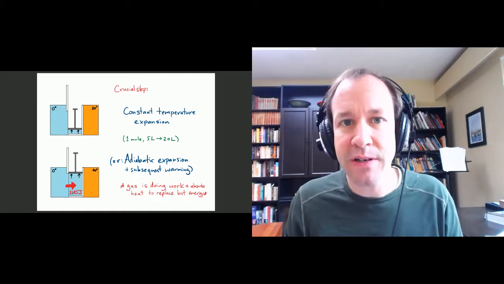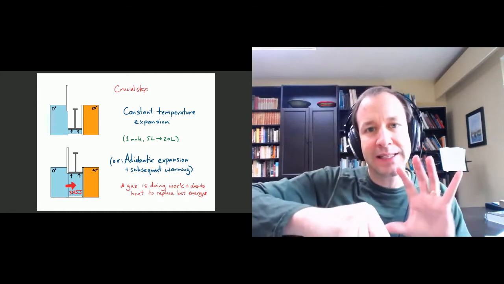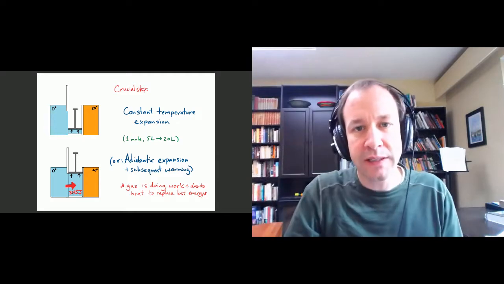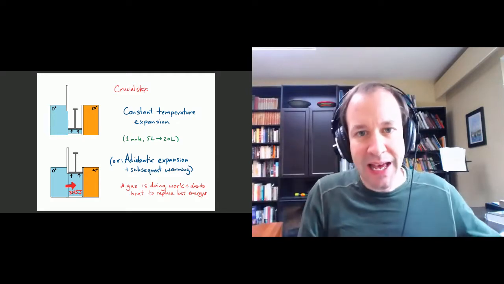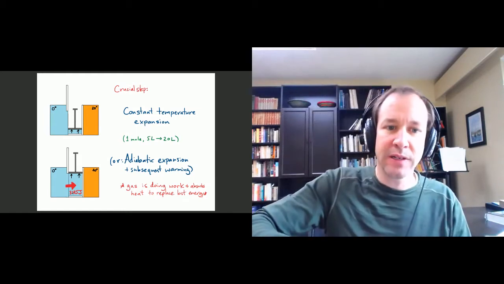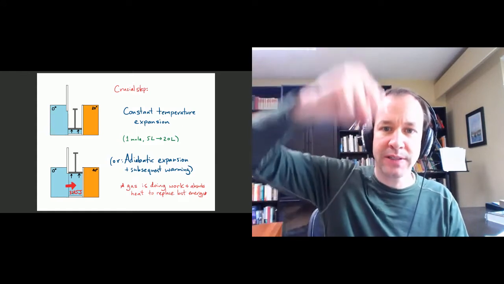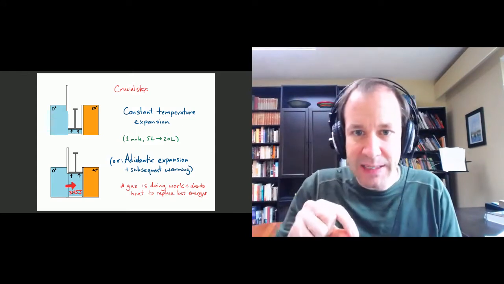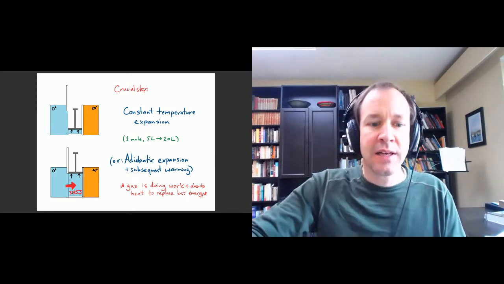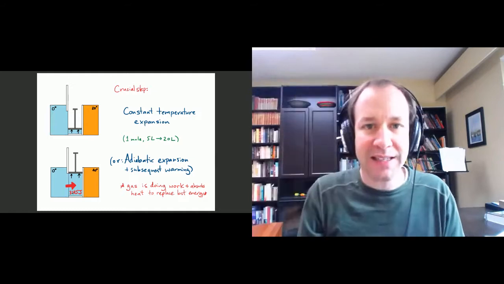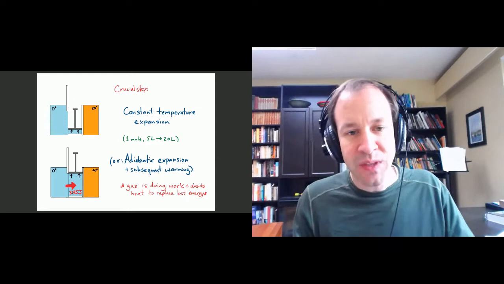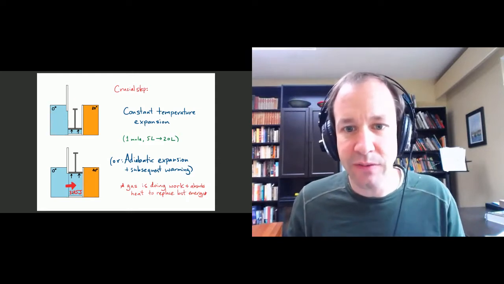The constant temperature expansion, you could think of that same kind of process, but slower, where the cooling due to expansion and the transfer of heat are happening kind of at the same time. So if we think about this slow process as a very small adiabatic expansion followed by heat going in to bring it back up to 0, then we can understand that the temperature of the gas in the cylinder is going to remain at 0, but we're going to continuously be taking in heat from the cold reservoir.